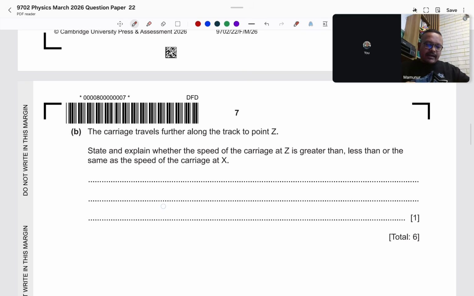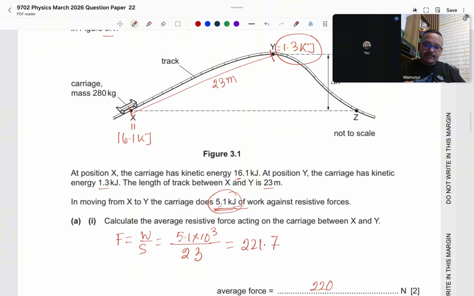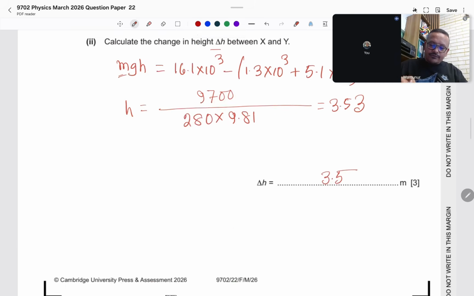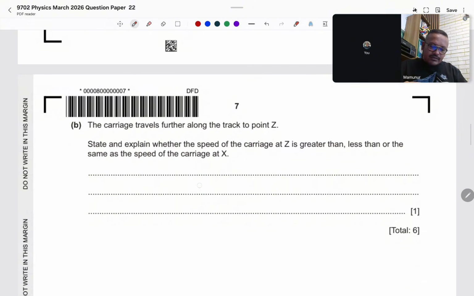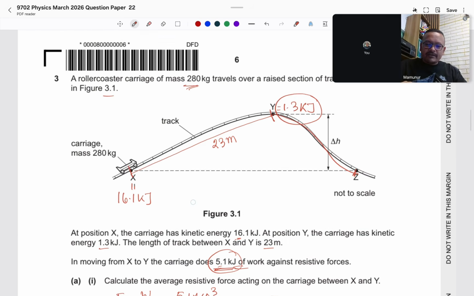Next thing, the carriage travels further along the track to point Z. Okay, from Y to Z. State and explain whether the speed of the carriage at Z will be greater than, less than, or the same as the speed of the carriage at X. What will be the speed?